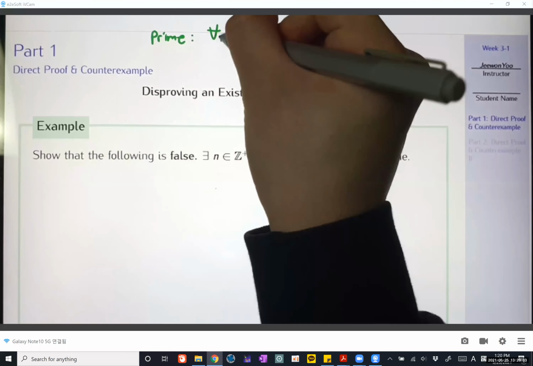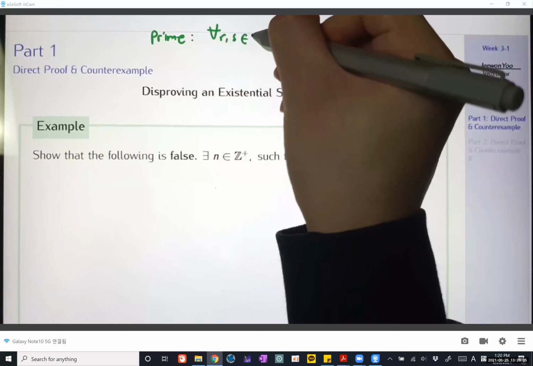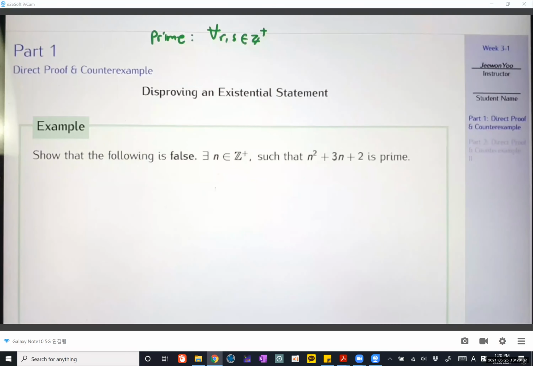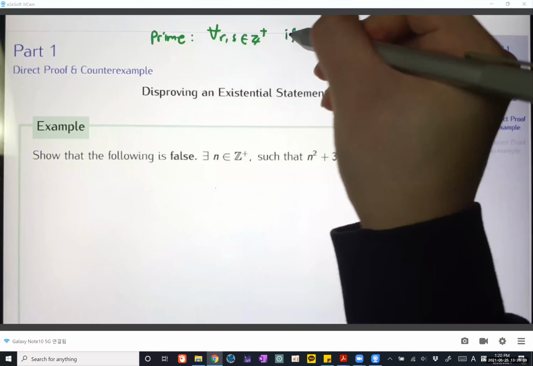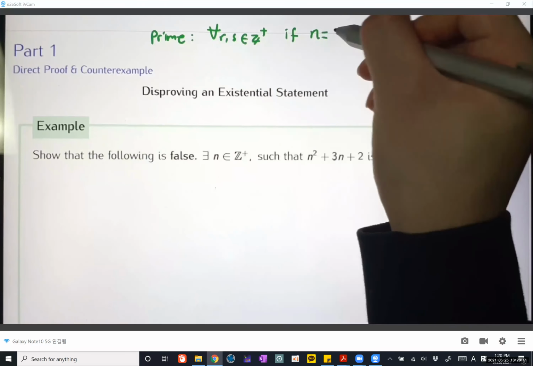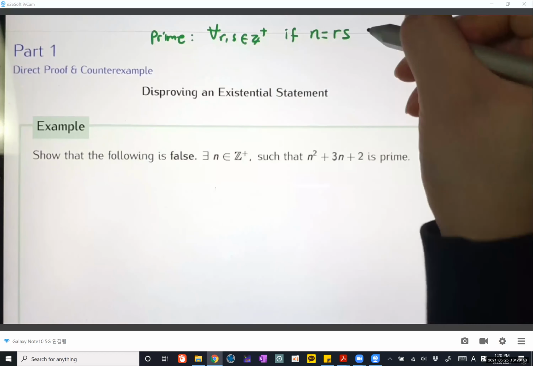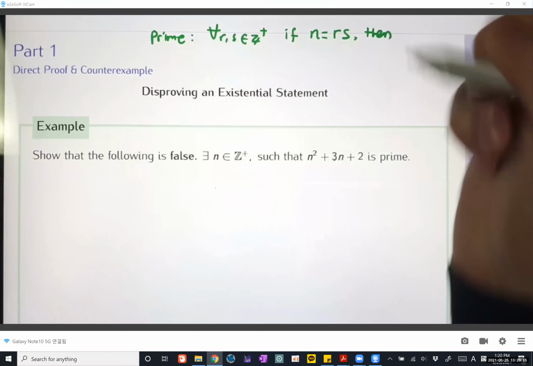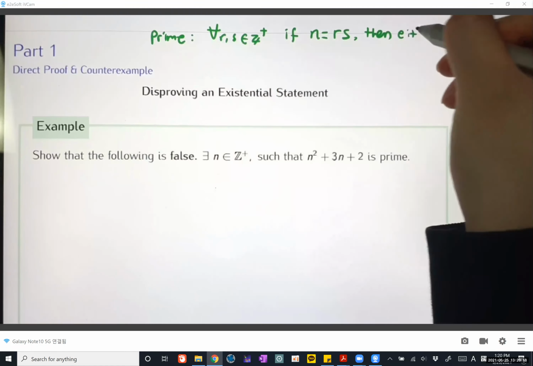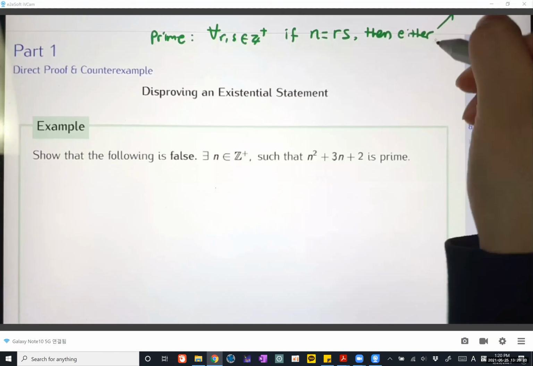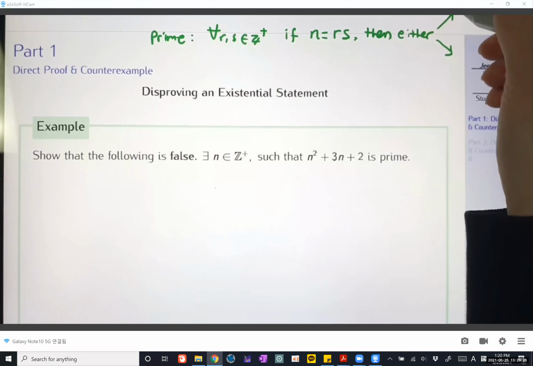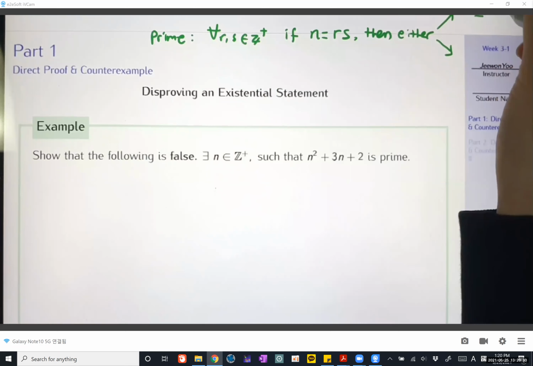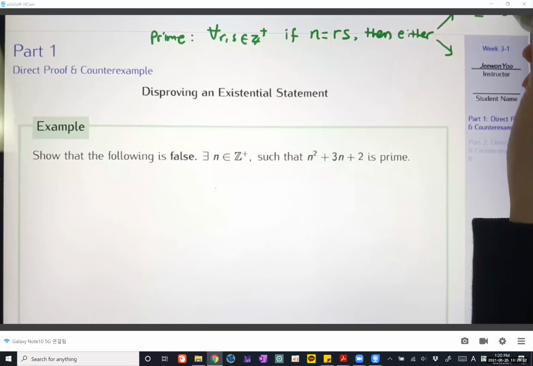For all pairs of numbers r, s in the set of positive integers, if we can write n equal to r times s, then, do you remember, we had only two cases. Then either this case or this case. Hopefully you guys can tell me one of the answers, okay? r equal to what and s is equal to what?